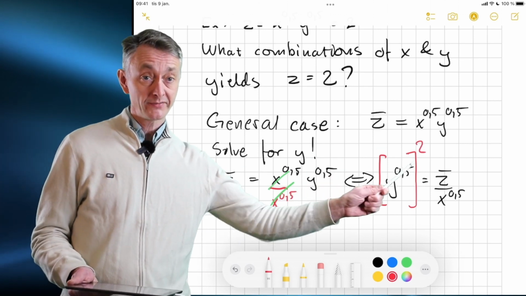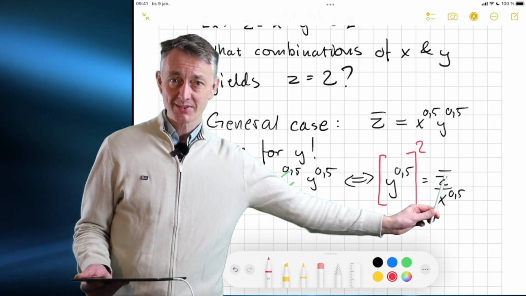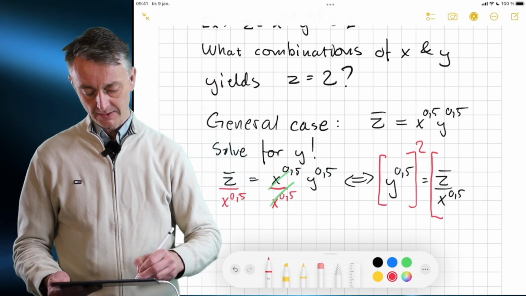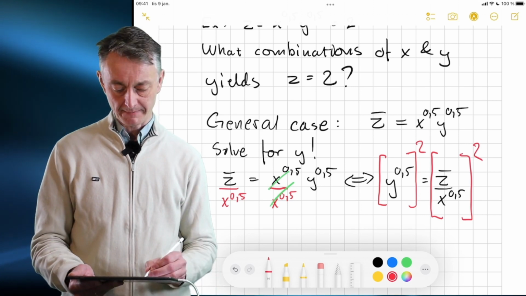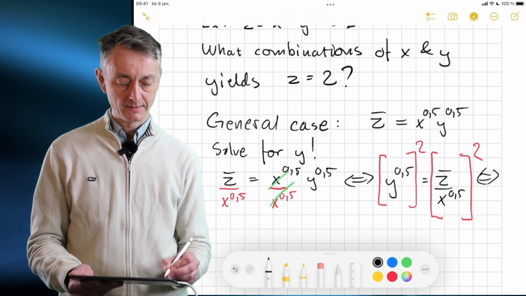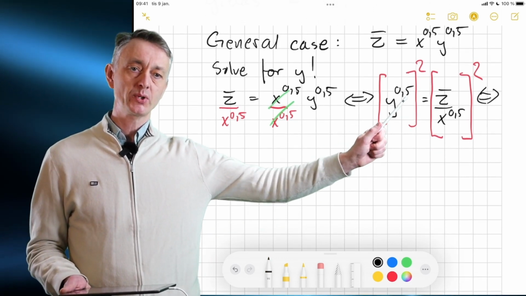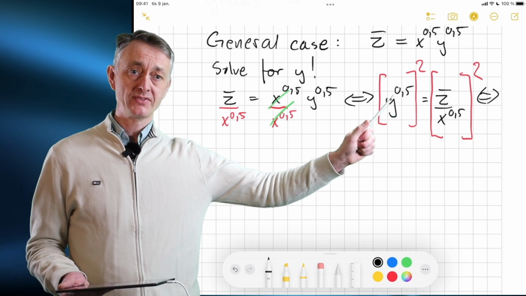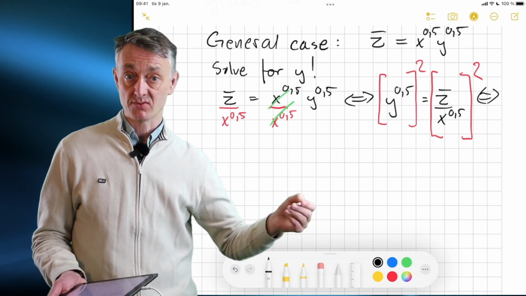So we're raising the left-hand side to the power of 2. But as always, we need to do the same on the right-hand side, to the power of 2. Okay. So on the left-hand side, we have y to the power of 0.5 times 2. That's y to the power of 1, which is just y.